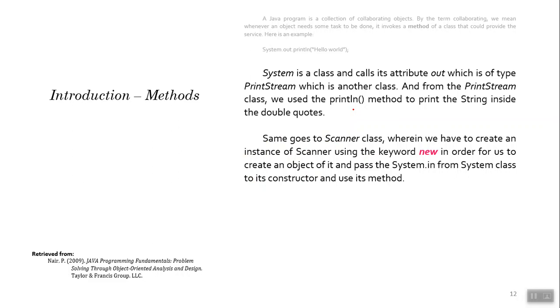So now we have another keyword which is new. A while ago we have the access modifiers public, private, and also the class keyword, and now the new keyword. Okay, so using the keyword new in order for us to create an object of it and pass the system that in from system class to its constructor and use its method.